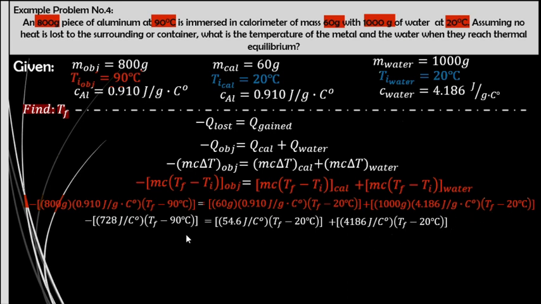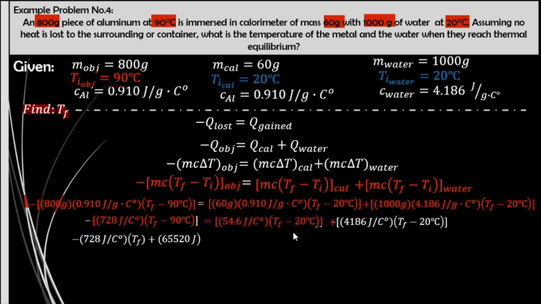Still, we can simplify this. So we will multiply 728 to T sub F, and we will also multiply 728 to negative 90 degrees Celsius. So that is negative 728 joule per Celsius degree times T sub F, and then plus, so negative 728 times negative 90 will result to positive 65,520 joule.